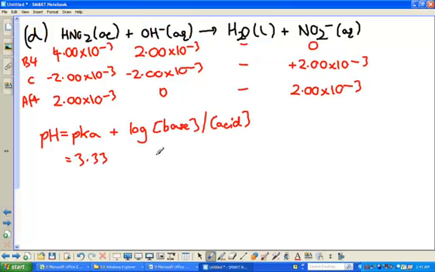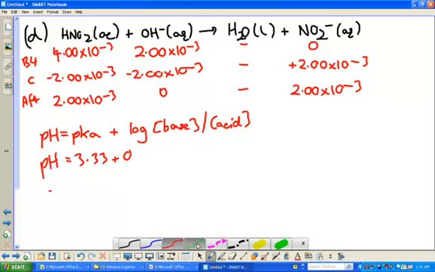We're at the half equivalence point, so that means the number of moles of our acid and its conjugate base are the same. Because they're all in the same volume, those concentrations are the same as well. So the concentration of the conjugate base is equal to the concentration of the conjugate acid, which means a log of 1, which of course is 0. So that means the pH is equal to the pKa, so the pH is equal to 3.33.